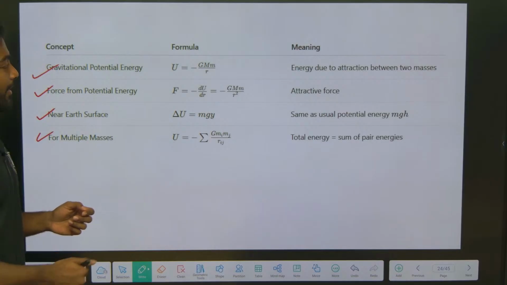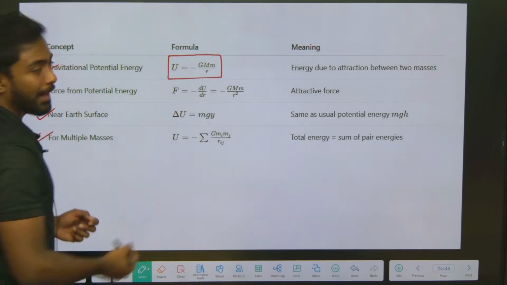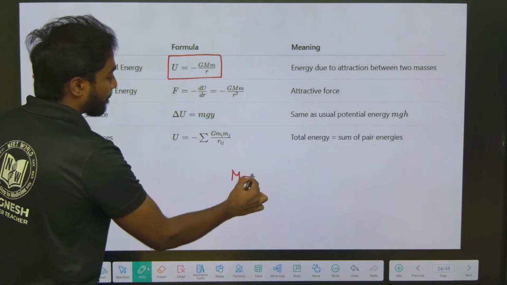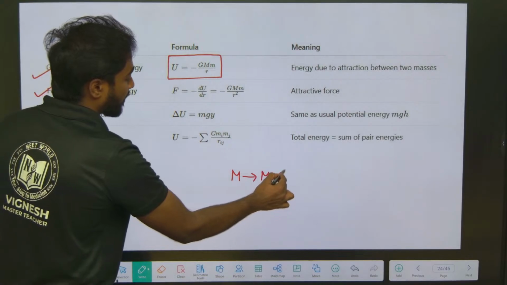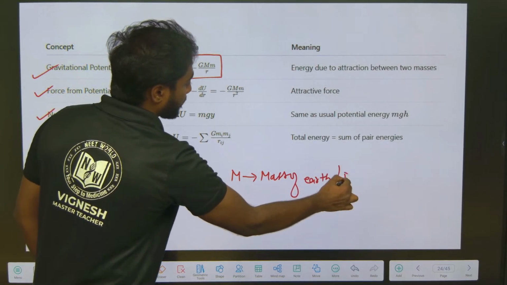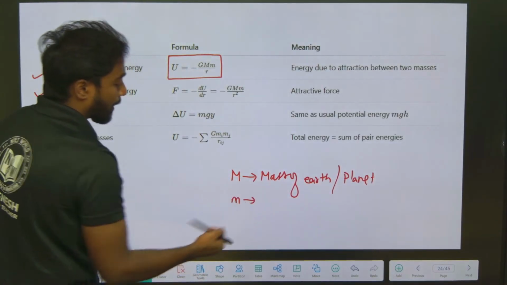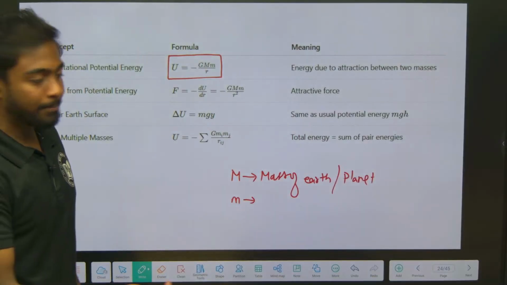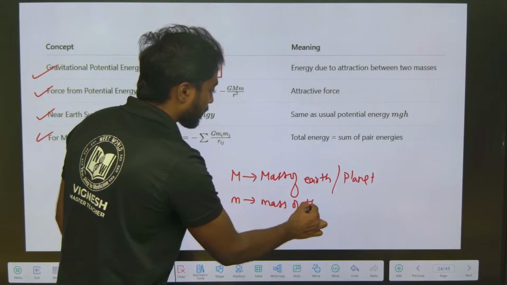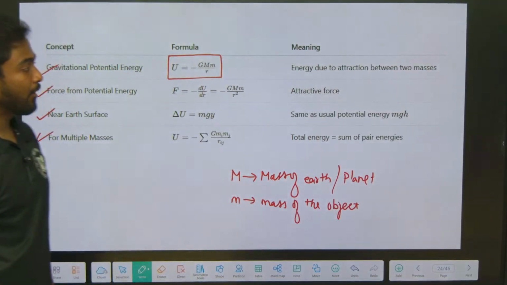The potential energy formula is U equals minus GMm by R, where capital M is the mass of the earth or planet, and small m is the mass of the object which we consider in the planet.